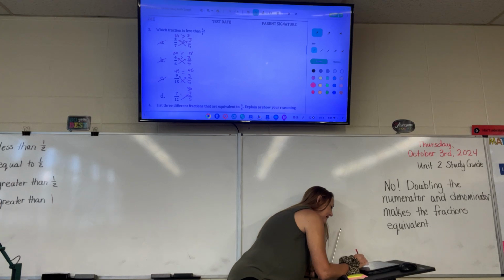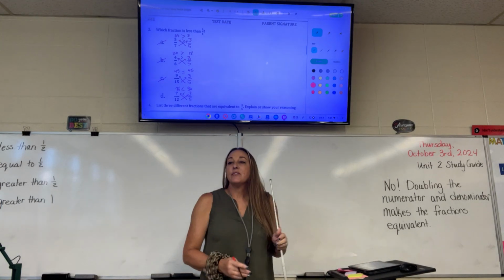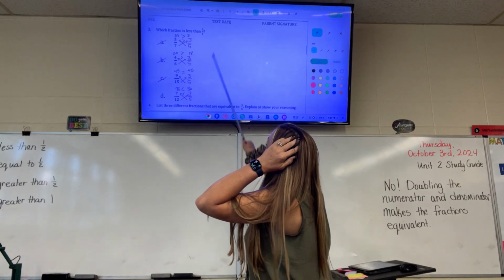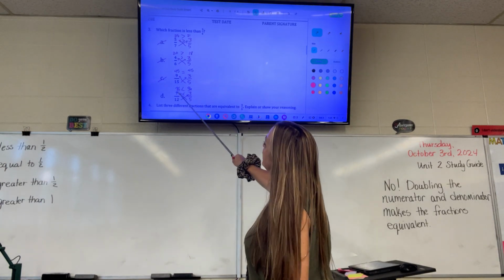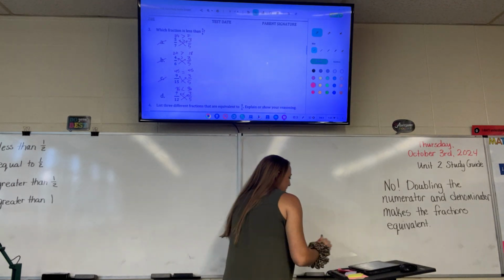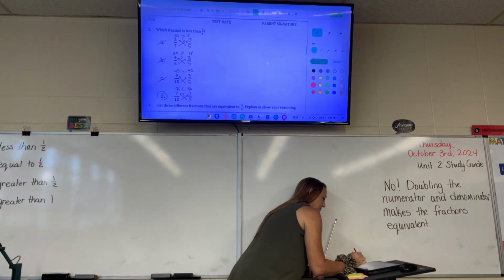And 7 times 5? 35. 35 is less than 36. So the mouth, the bigger side, is open towards 3/5, which means 7/12 is less than 3/5. So our correct answer is D.